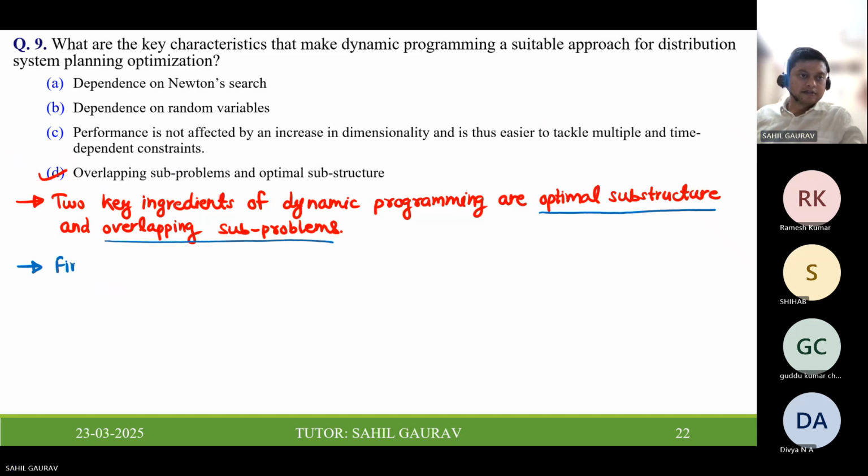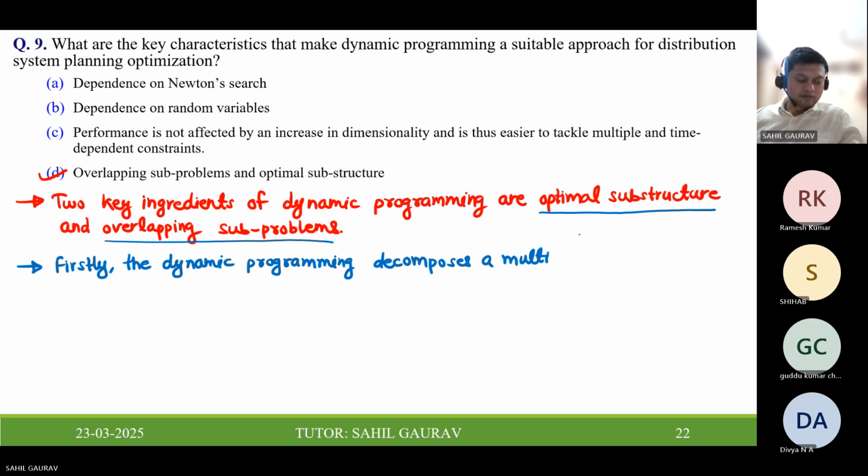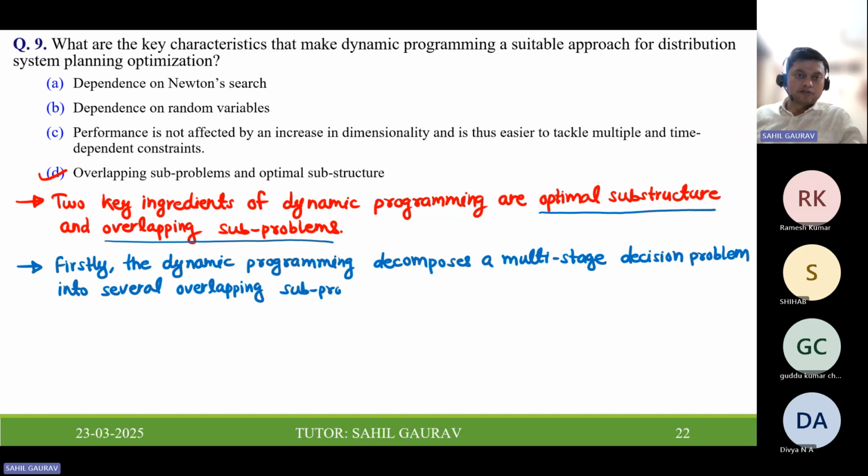So firstly, dynamic programming decomposes a multi-stage decision problem into several overlapping subproblems.